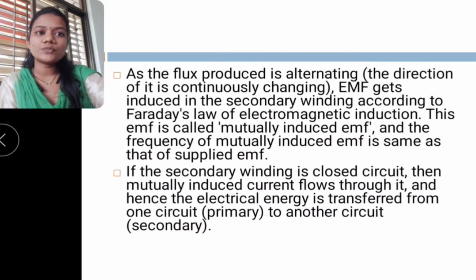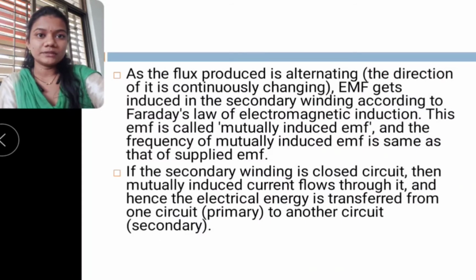As the flux is alternating, EMF gets induced. Because of this flux, EMF is induced in the secondary winding according to Faraday's law of electromagnetic induction. The EMF produced in the winding is called mutually induced EMF, and its frequency is the same as that of the supplied EMF.